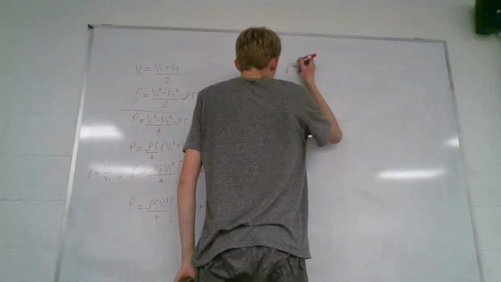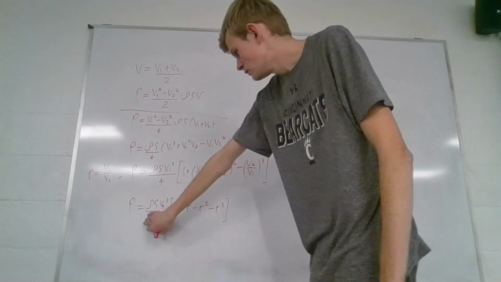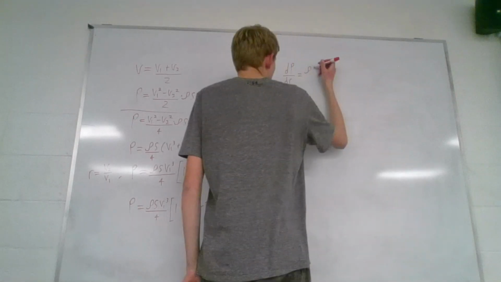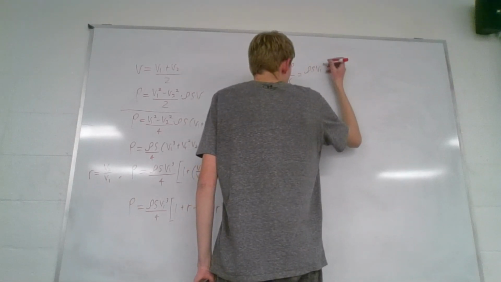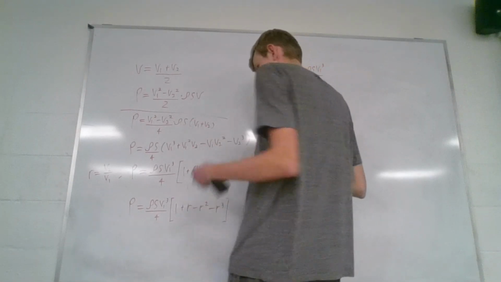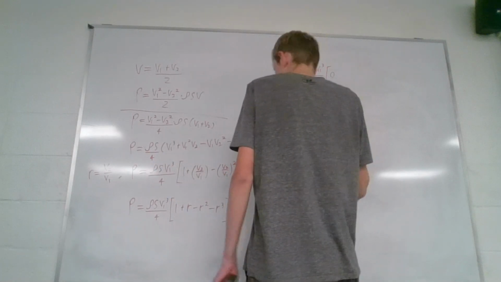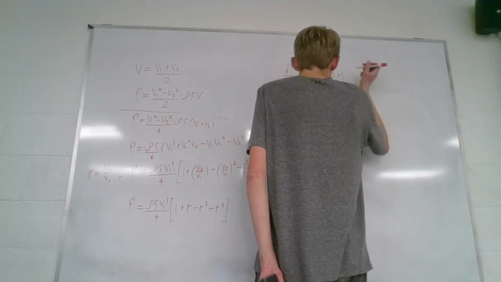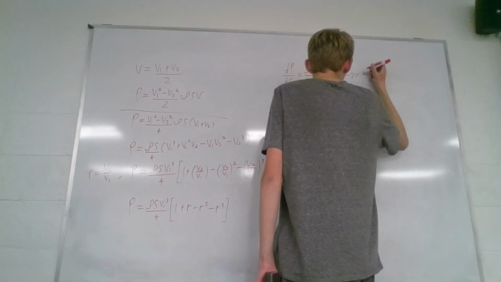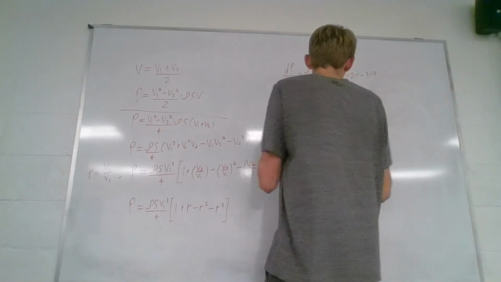Our change in power with respect to r is going to be equal to, getting our constants back, our density times our surface area times the velocity at the inlet cubed divided by 4, and then in this parentheses is going to be 0, because that's a constant, plus 1, and then we have 2r minus 3r squared.